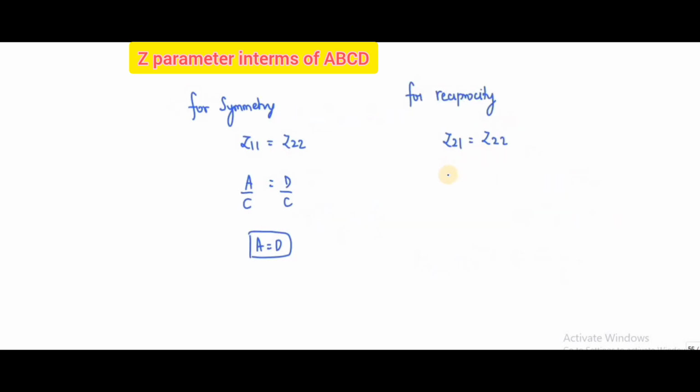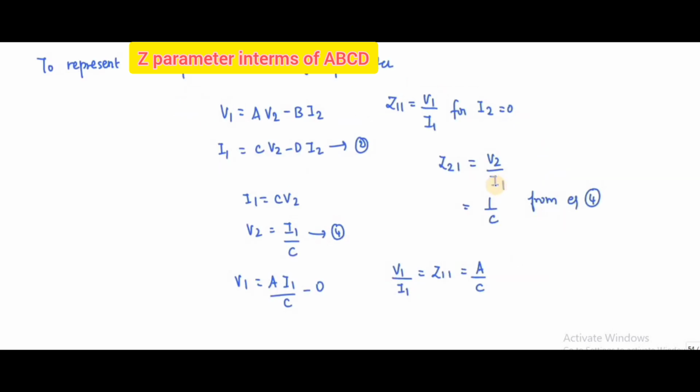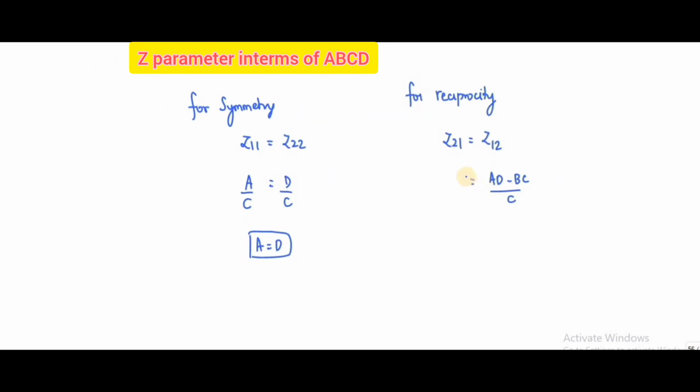Z12 is equal to AD minus BC divided by C, and Z21 is 1 by C. So I can write AD minus BC is equal to 1. This is the condition for reciprocity.